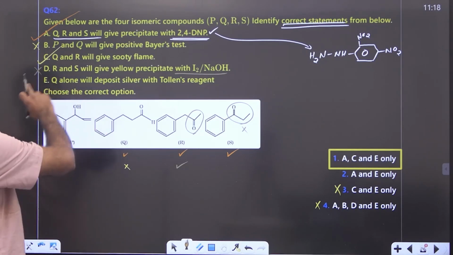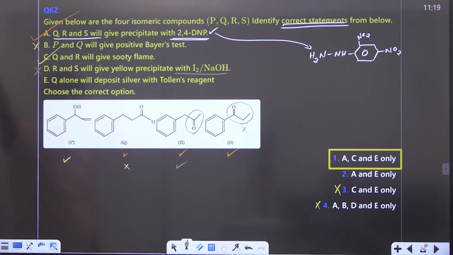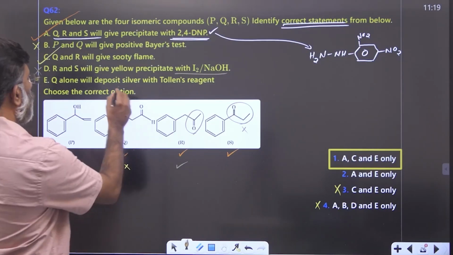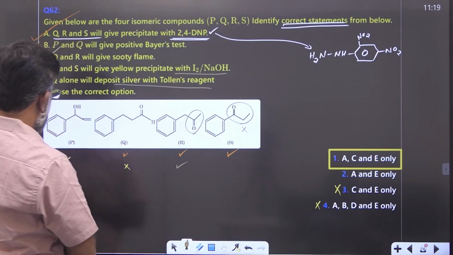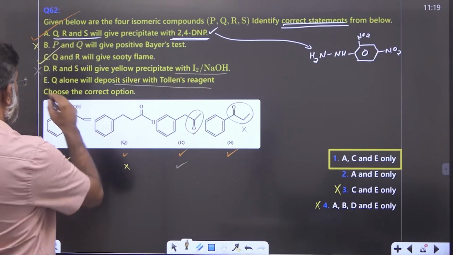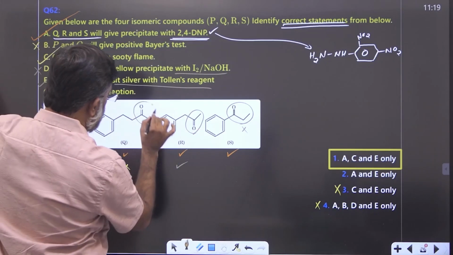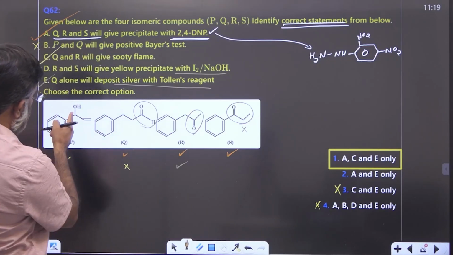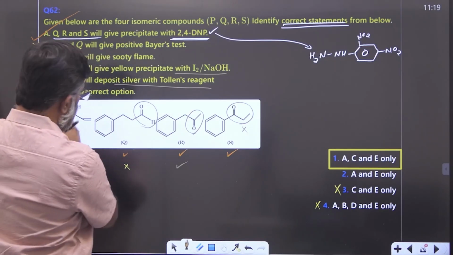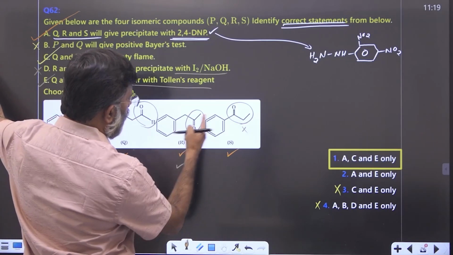And what about E? Q alone will deposit silver with Tollens reagent. Q alone will respond to the Tollens test. Yes, that is a true statement. You see here, this is the one and only aldehyde. This is alcohol, allyl alcohol, ketone.